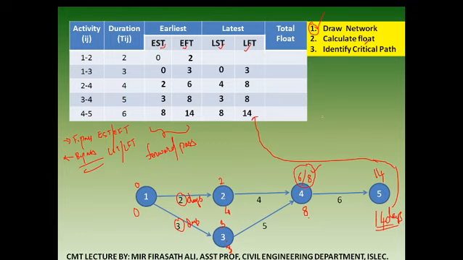Now look at over here. For activity 1 to 2, the latest finish time is how much? 4. 4 minus 2, what is remaining? 2. In backward pass calculation, which value will we take? We will take the minimum value.